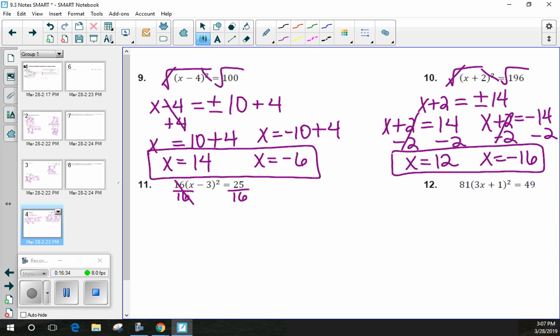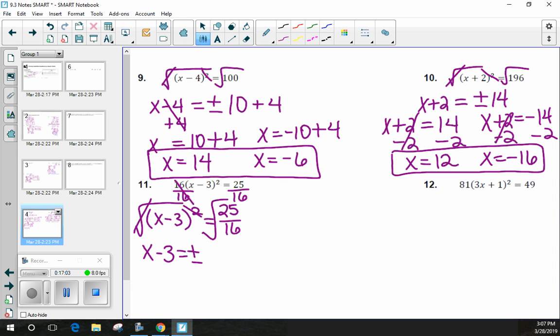So now it's going to be x minus 3 squared. On this side, if this does not come out nice, then no big deal. I'll leave it as a fraction, especially since those are perfect squares. Now that my power is isolated, I can take the square root on both sides. Okay, so square root here. That cancels that. I get x minus 3 is equal to positive and negative what?